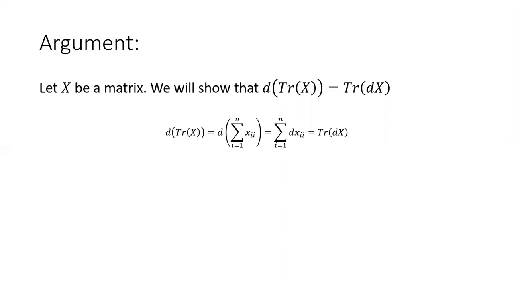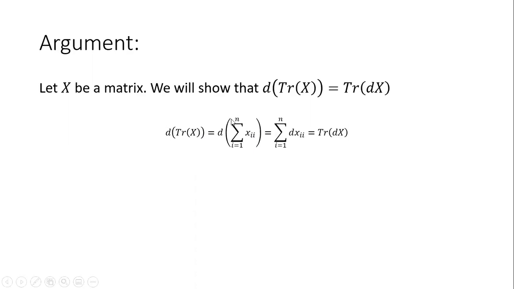We will first show an argument. Let x be a matrix. We will show that the differential of the trace of x is the same as the trace of the differential of x. So we see that the differential of the trace of x is the same as the differential of the sum of the elements in the diagonal of x.